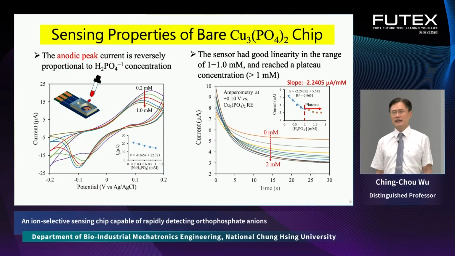And the linear range will reach a plateau as the concentration exceeds 1 millimolar. Here you can see the slope is about -2 microampere per millimolar. And this result indicates this copper phosphate chip has a good sensitivity to the phosphate concentration.